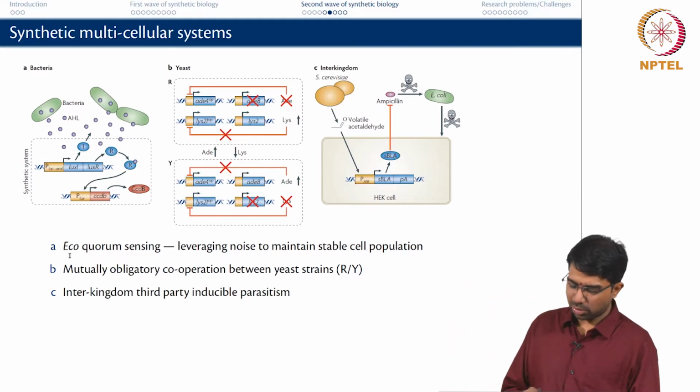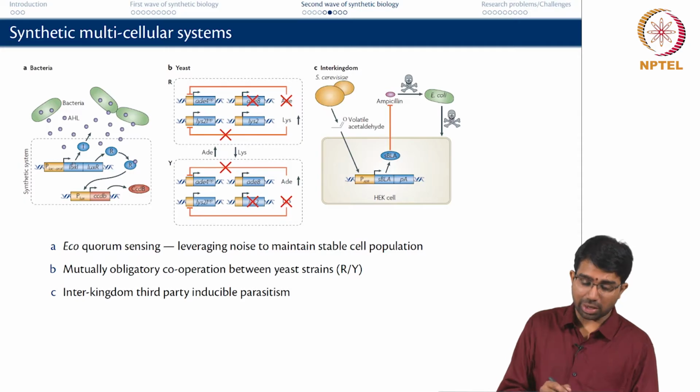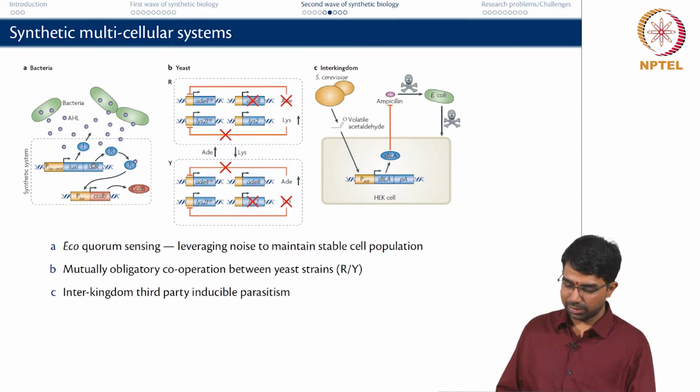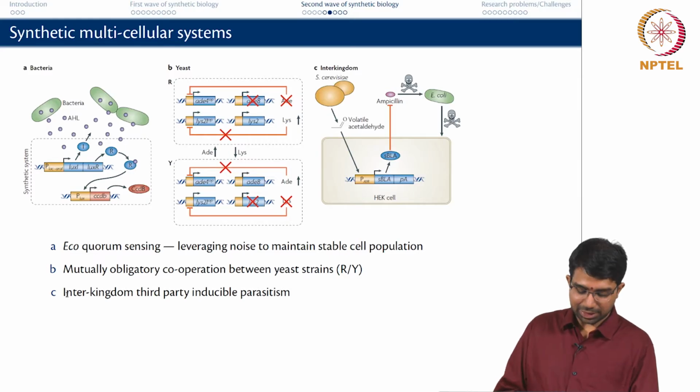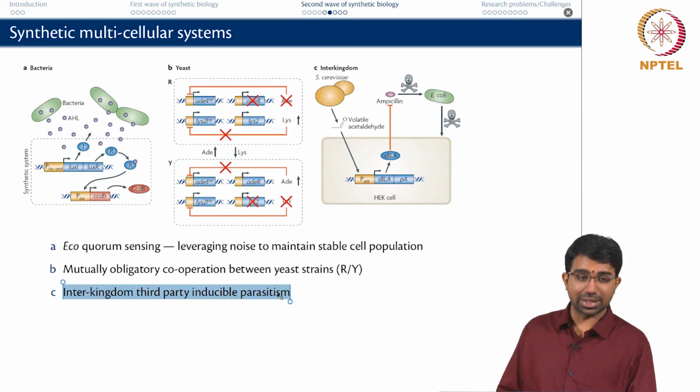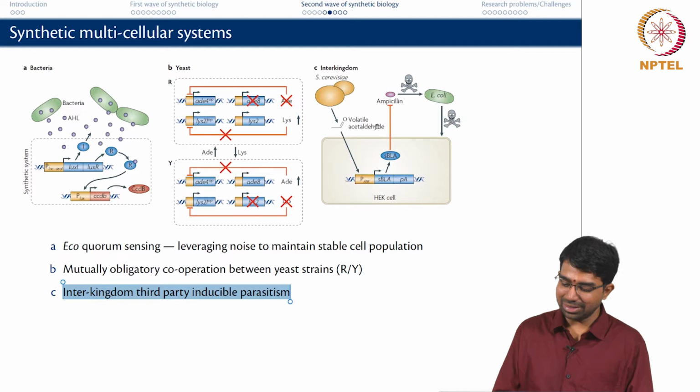And then there are many quorum sensing studies which leverage noise in the levels of various proteins to maintain a stable population and so on. And very interestingly, they also tried some inter-kingdom interactions, right. So, there is E. coli and yeast.